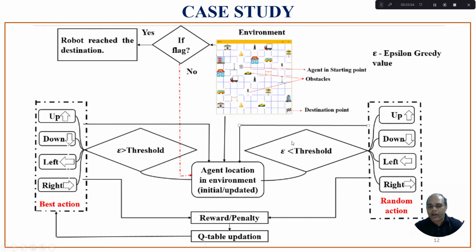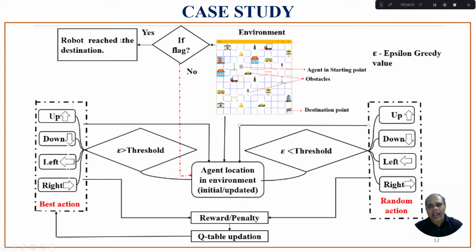So depending upon this action, our agent location in the environment will get updated. Then for a particular action, up, down, left or right, it will get a reward or penalty. And based upon this, the Q table will be updated. So the agent position in the environment gets updated. Then we check whether the agent has reached the destination or not. If it has reached the destination, then again it goes to the initial position.